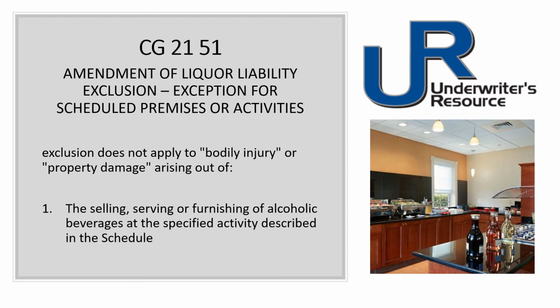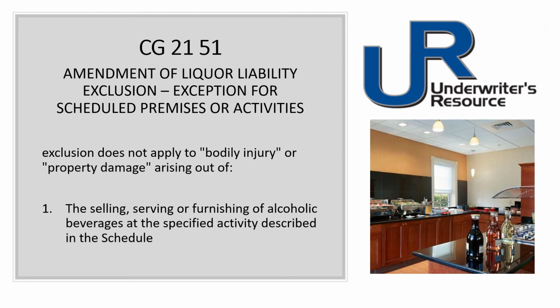In the example of the manager's reception, they could include manager's receptions in that schedule, and if you also wanted to cover the incidental sales at their market kiosk, they could schedule that as well. So this is actually a more effective way to handle that incidental liquor liability exposure.